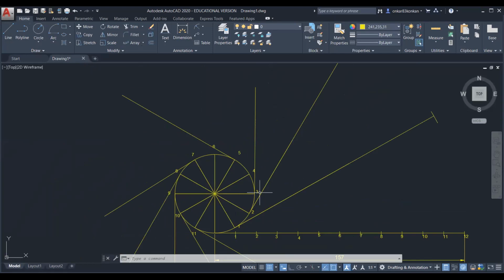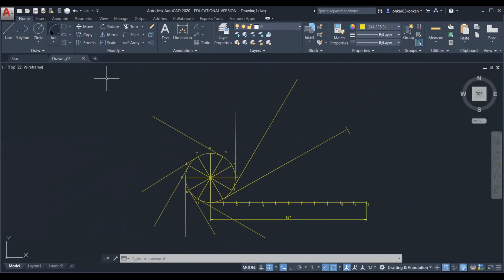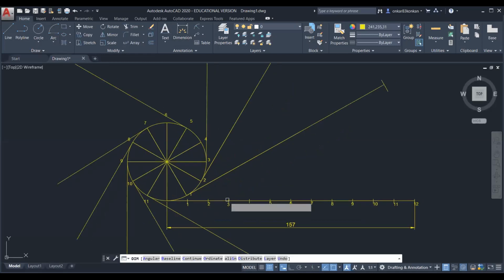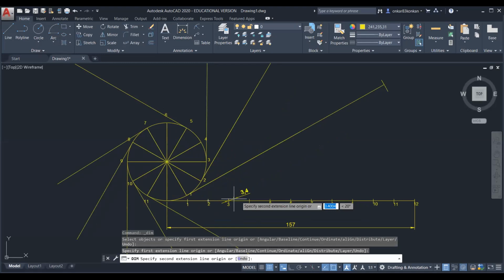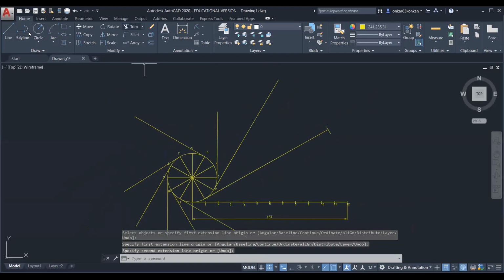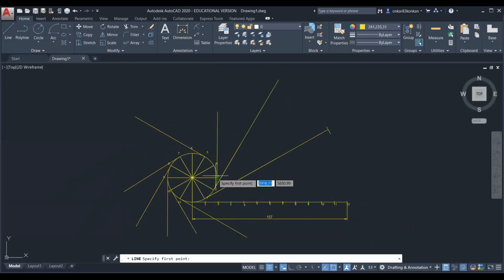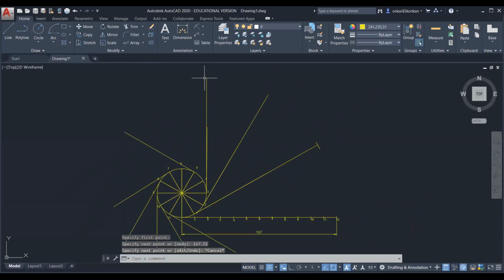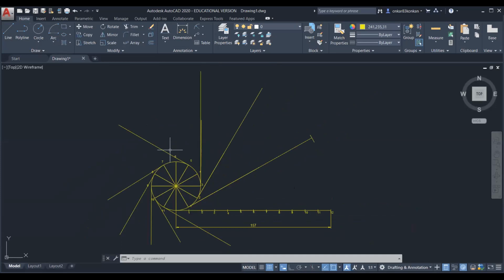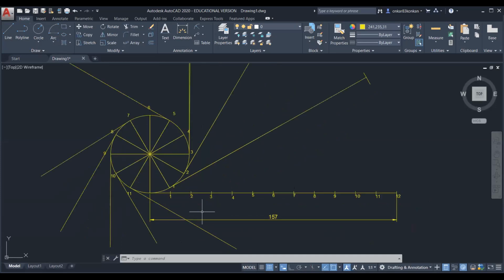So take this in compass, 3 to 12. We will draw the arc here on this line. So you have to repeat this procedure. After that, take 4 to 12 distance.